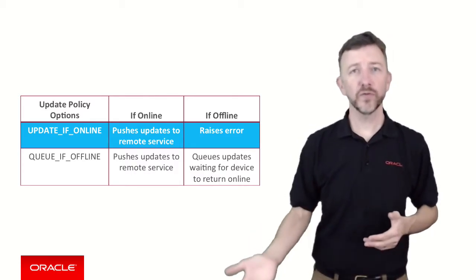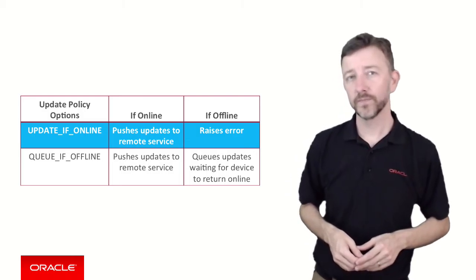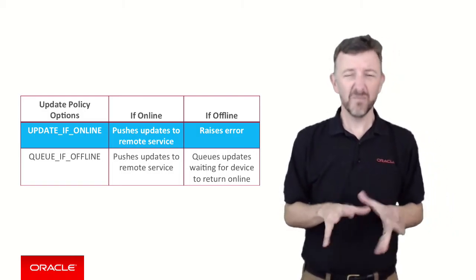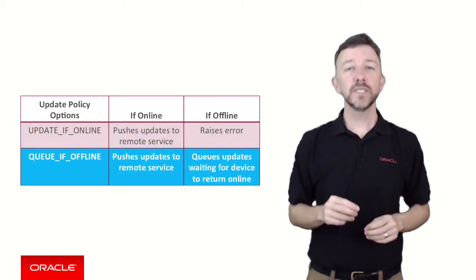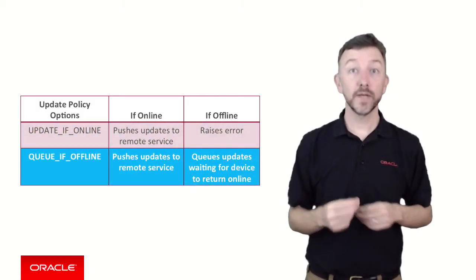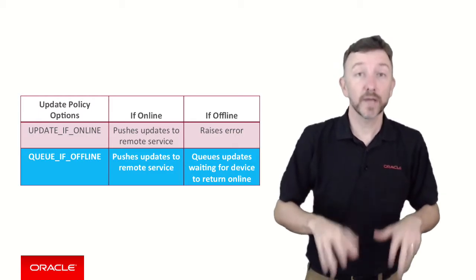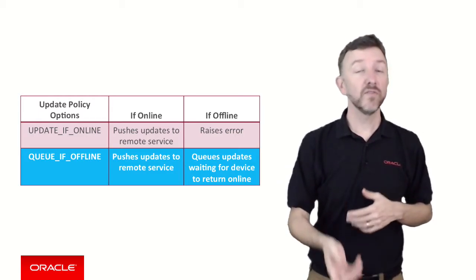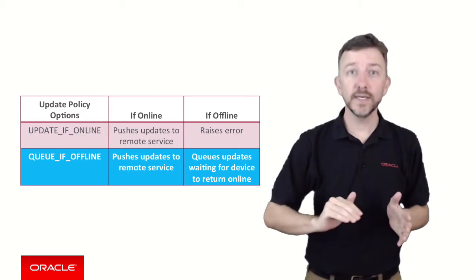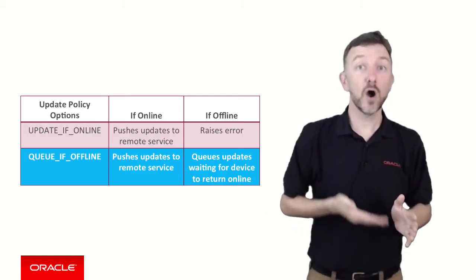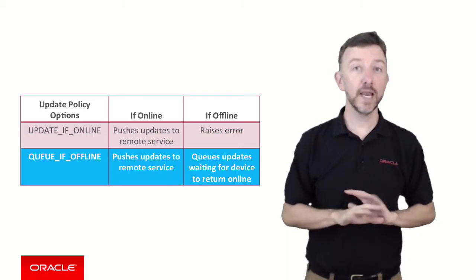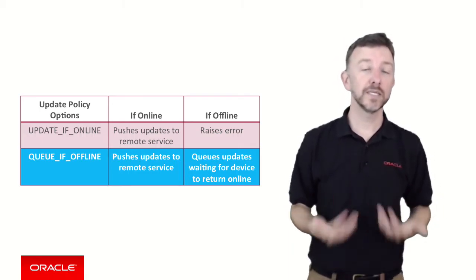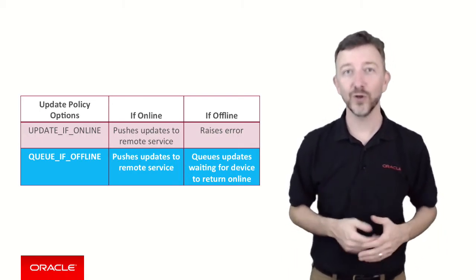And if offline, it will throw an error for the developer to resolve. The opposite of this, and much more sophisticated option, is the queue if offline option. Now this will similarly write newly created objects, updated and deleted objects to MCS if the application is online. But if the device is offline, it will queue these changes, wait until the device returns online, and then will automatically send them to MCS on the developer's behalf without any programming intervention. As I always like to say, it's handled automatically for you.